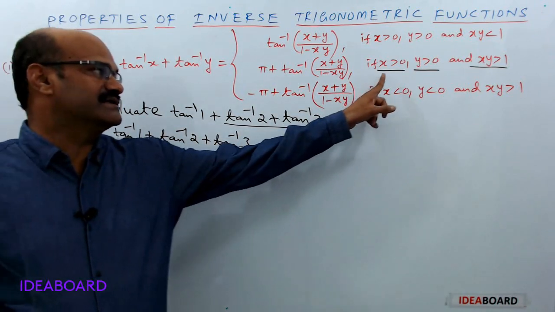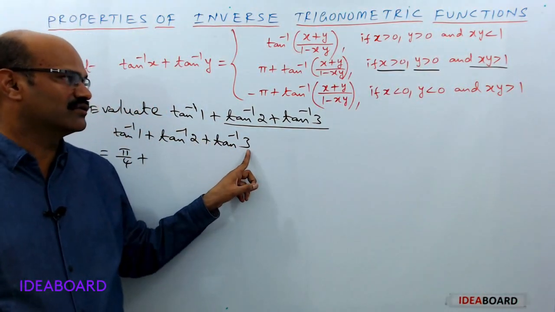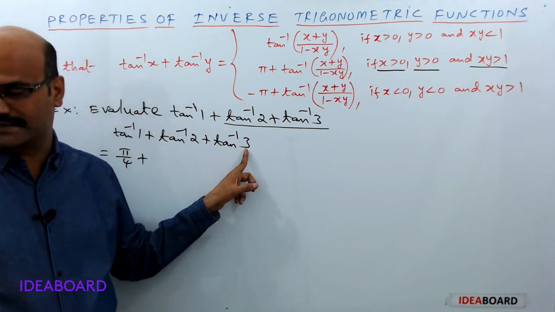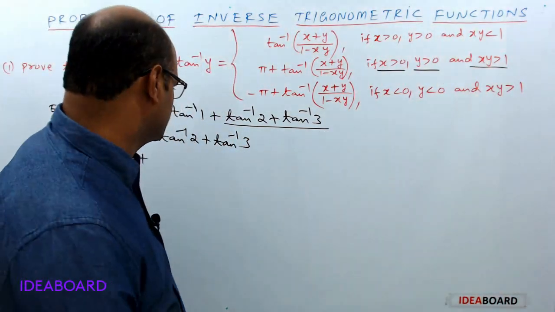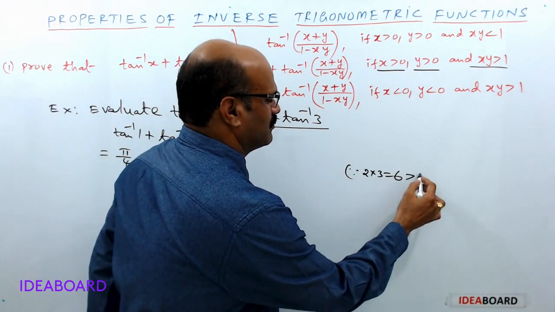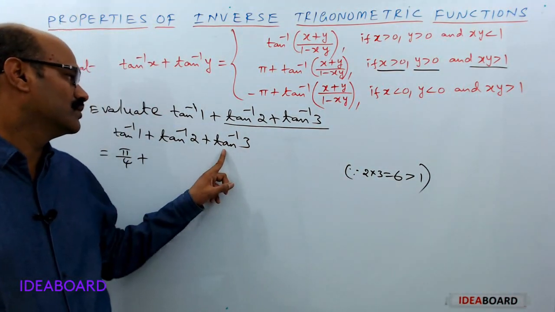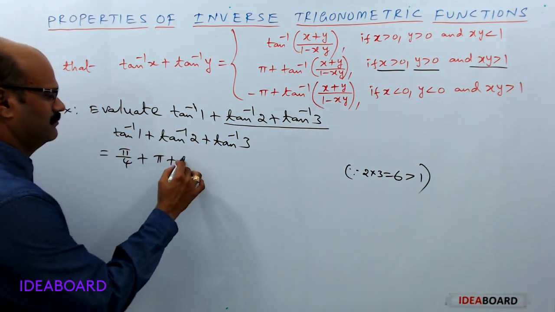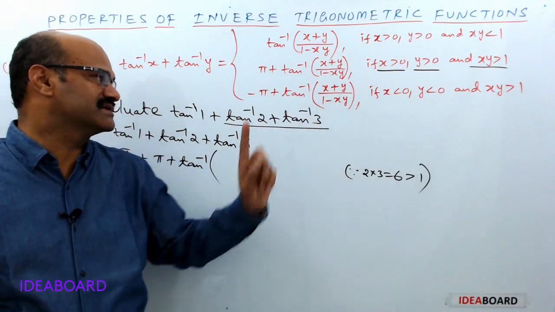Now here x greater than 0, y greater than 0: 2 greater than 0, 3 also greater than 0. Now 2 into 3 equal to 6, and 6 is also greater than 1. Since 2 into 3 equal to 6 is more than 1, it's equal to pi plus tan inverse of x plus y by 1 minus xy.